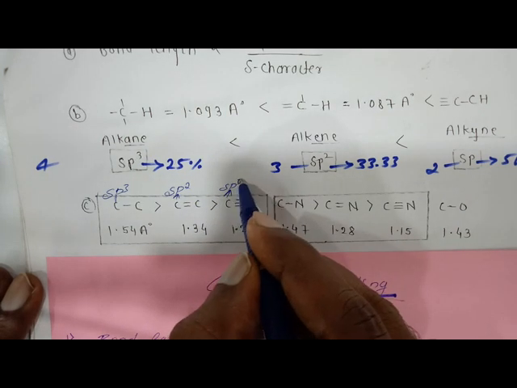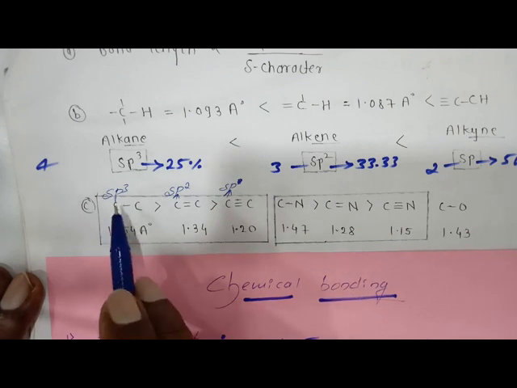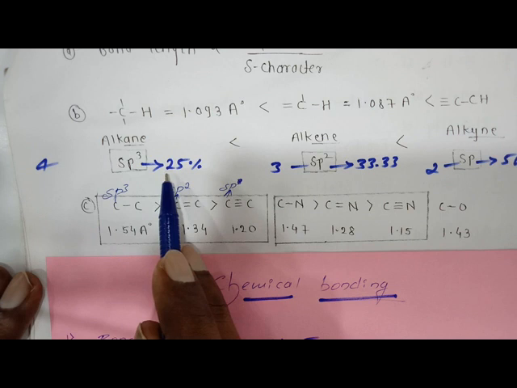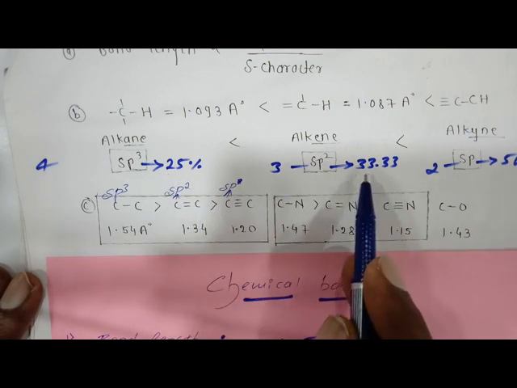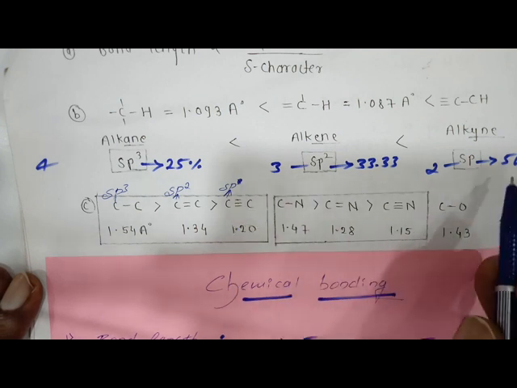In sp3 the S character is 25%, in sp2 the S character is 33.3%, and in sp the S character is 50%.